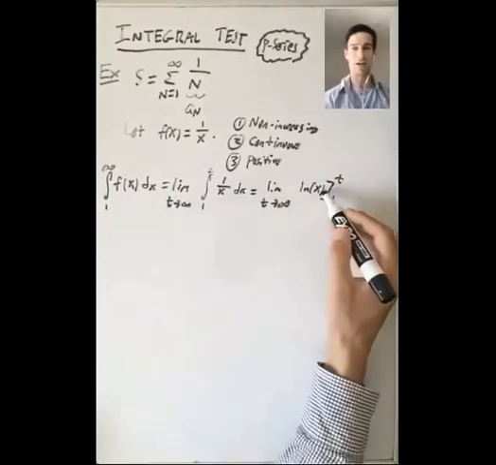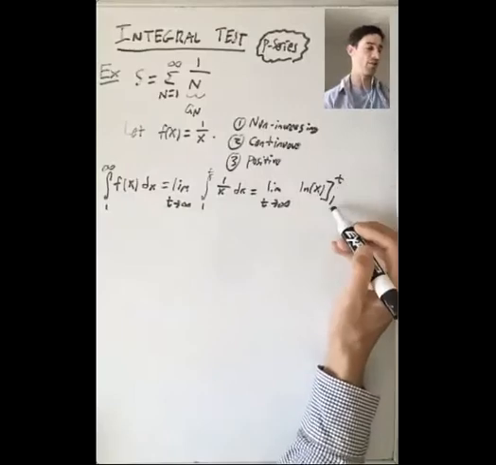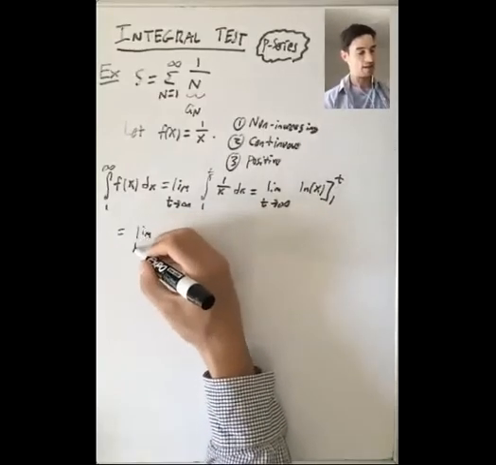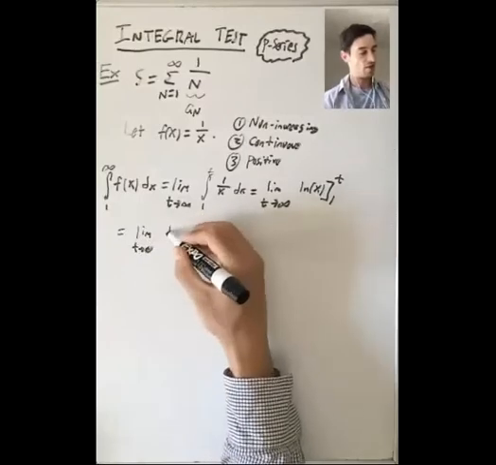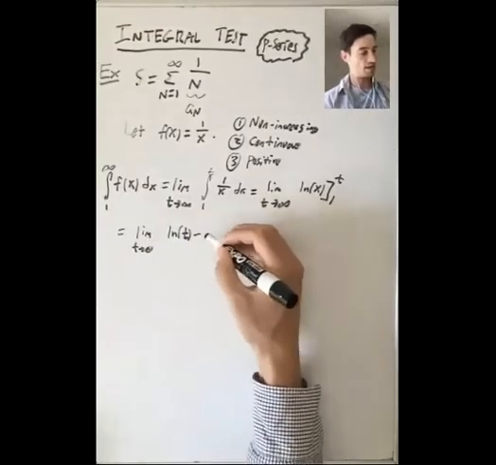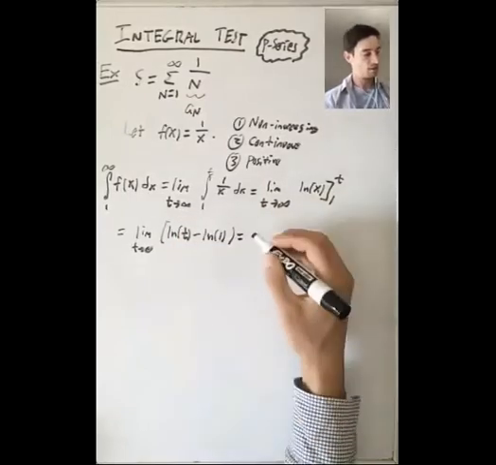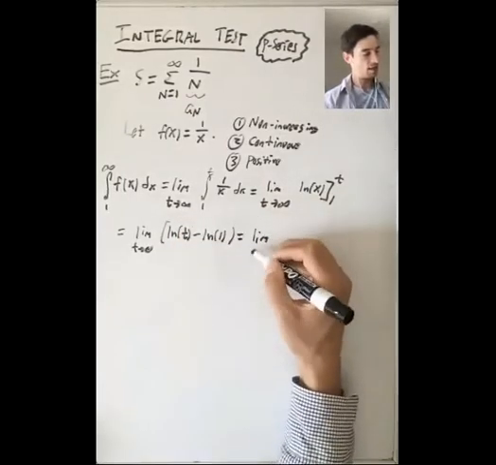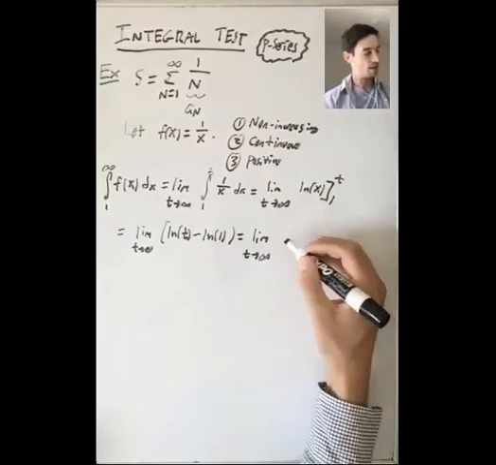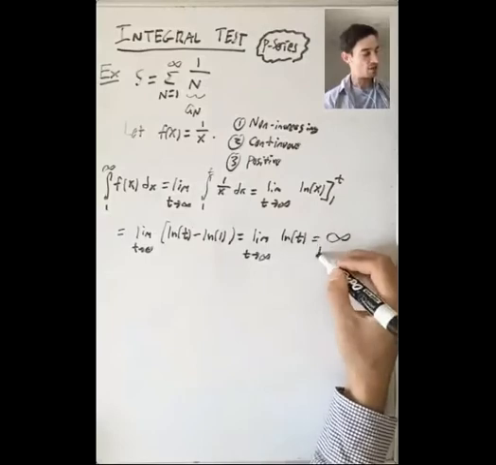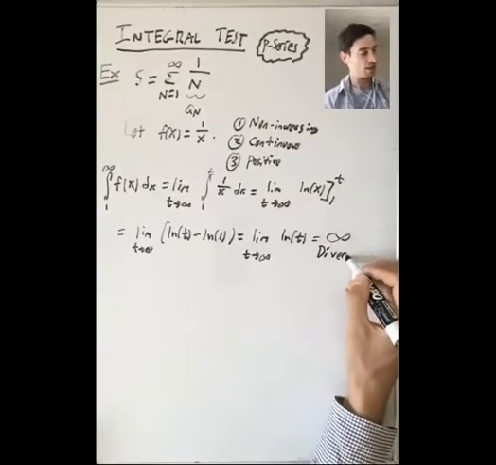Again, I'm not worrying about putting in absolute value of x because I know t and 1 are both positive. So this is a limit as t goes to infinity of natural log of t minus natural log of 1. Natural log of 1 is 0. So this is just the limit as t goes to infinity of natural log of t. And this diverges. This goes off to infinity.